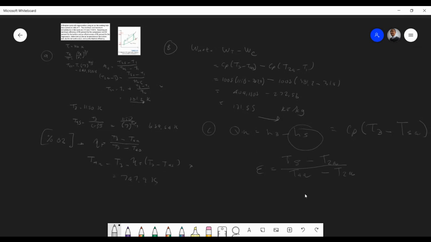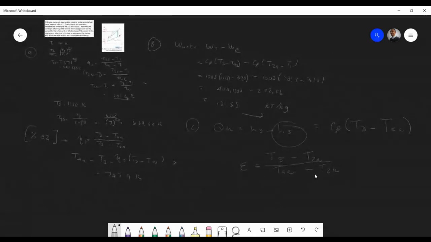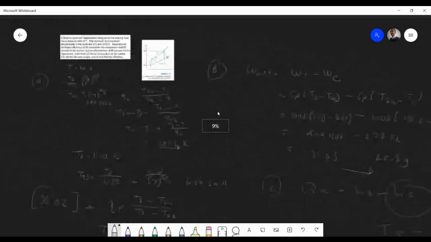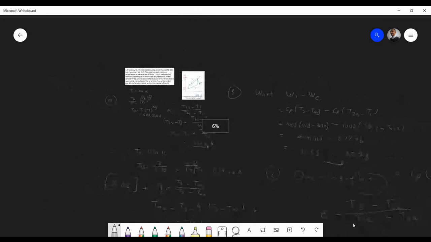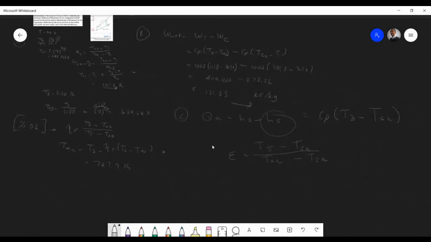Okay, students, are there any questions? Please ask. Let's compute Q in first. We have to first find our T5 now. The effectiveness is normally given. It's 65%. It's not an ideal heat exchanger.